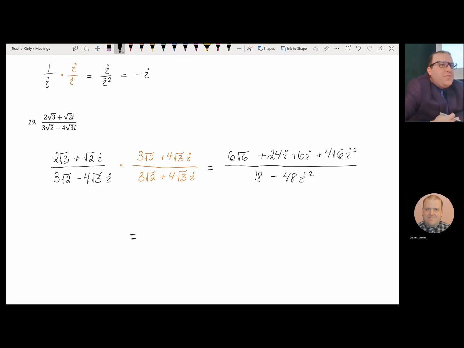Six root 6 minus 4 root 6 is what? Yeah, 2 root 6. Plus 30i. Then it's 18 plus 48, 66.